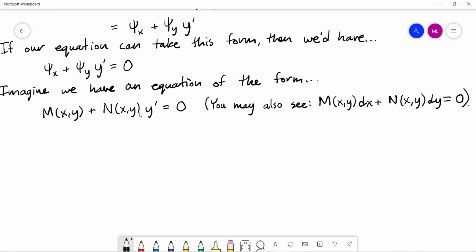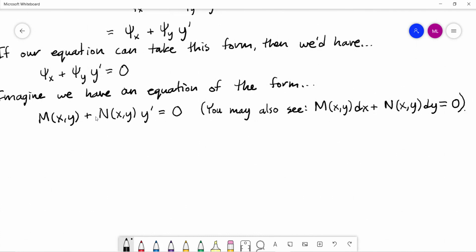So this equation and this equation are equivalent. All I would need to do is take this one and divide by the dx, and we would wind up with what I've got sitting right over here. So you may see these exact equations written in either form, as I've talked about before, with the differentials split or with them explicitly grouped together and writing out the y prime by itself.